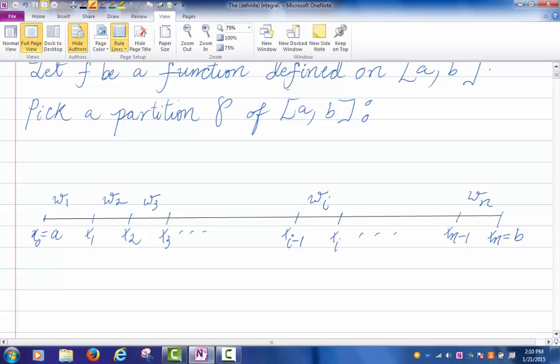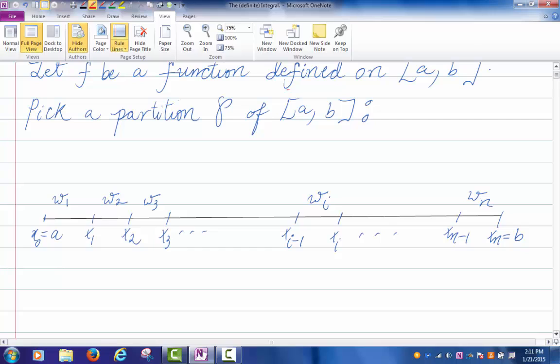So here, the partition points are x0, x1, x2, x3, up to xn minus 1, xn, and the last partition point has to be B. The first partition point has to be A.